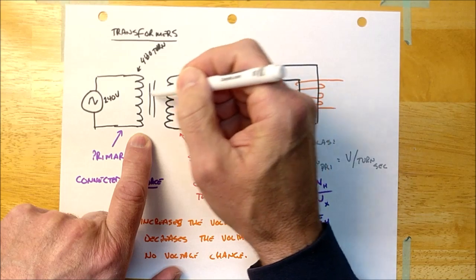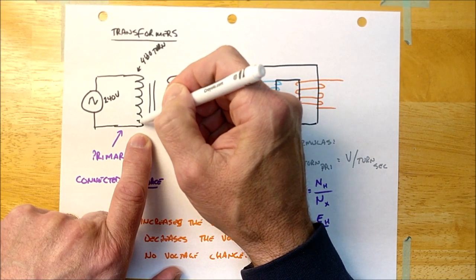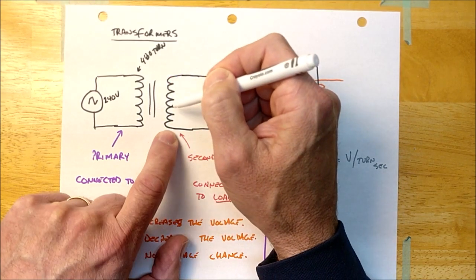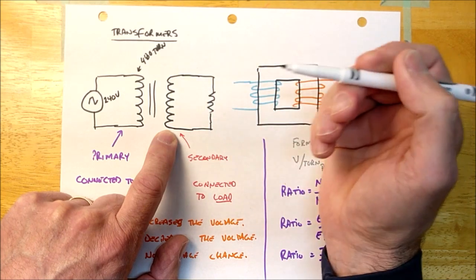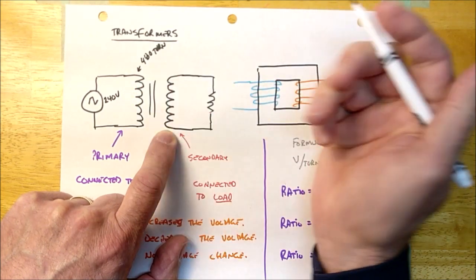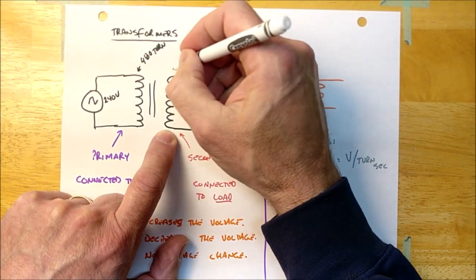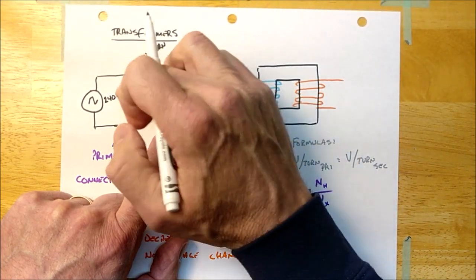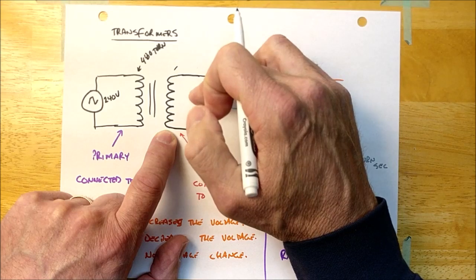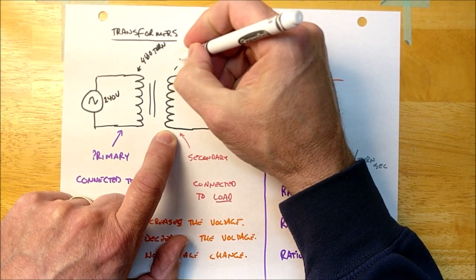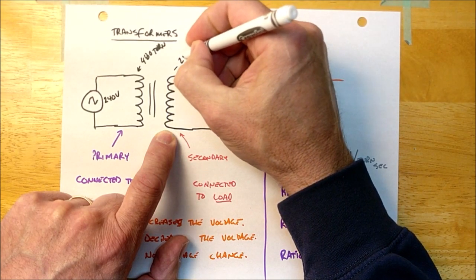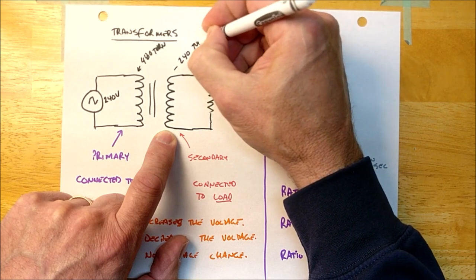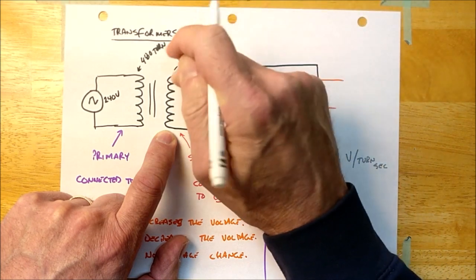And if this thing is dropping a half a volt per turn, the secondary winding will have a half a volt per turn induced into it. And so in order to change the voltage, I just put more or less turns in the secondary winding. So if I wanted to reduce this voltage down to 120 volts, I would just put 240 turns of wire on the secondary.